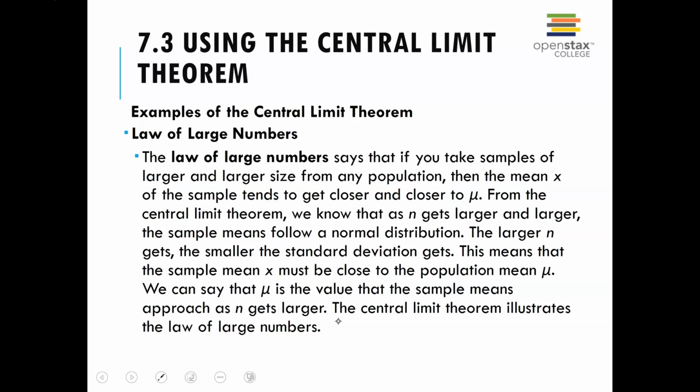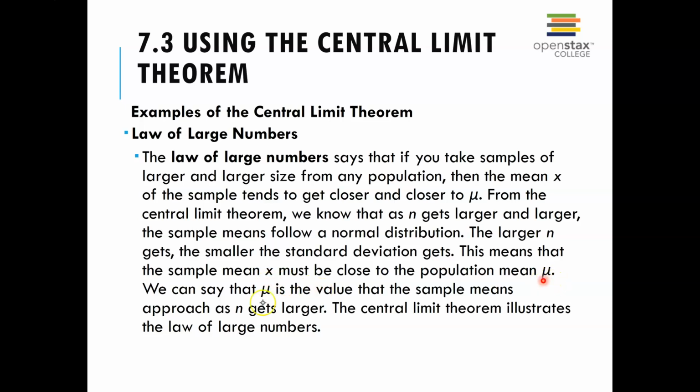From the central limit theorem, we know that as our sample size gets larger and larger, the sample means follow a normal distribution. So the larger that sample size gets, the smaller the standard deviation is going to get. That means our sample mean is going to be close to the population mean.